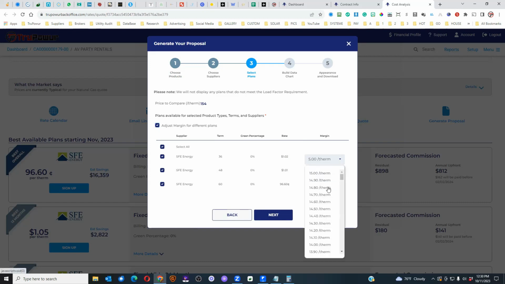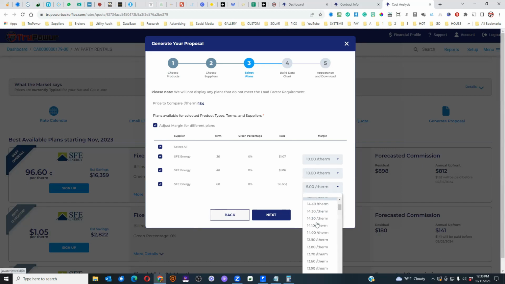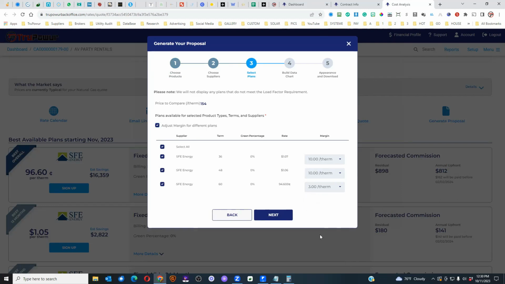So if you wanted to, let's say, for example, if we raise that to 10 mils and we raise this one to 10 mils, and let's say, or 5 cents, let's lower this to, just for this example, let's lower that to 3.